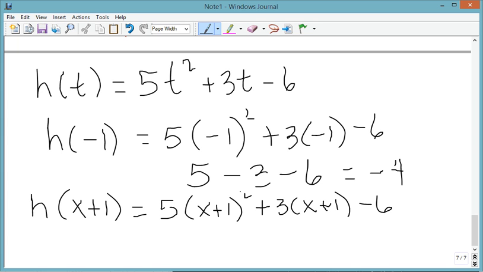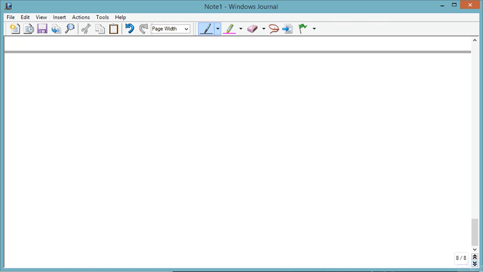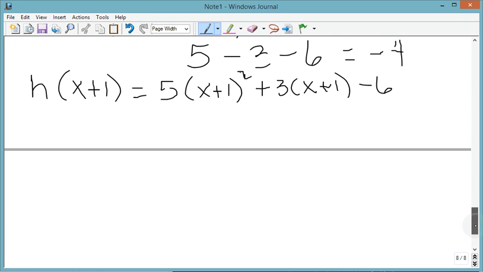Okay, I'm going to do this x plus 1 squared. I have to multiply it all out, distribute it, right? Or maybe you want to call it FOIL. Some people like to call it that. So it's going to equal 5 times, now I'm going to square this all out. It turns out to be x squared.